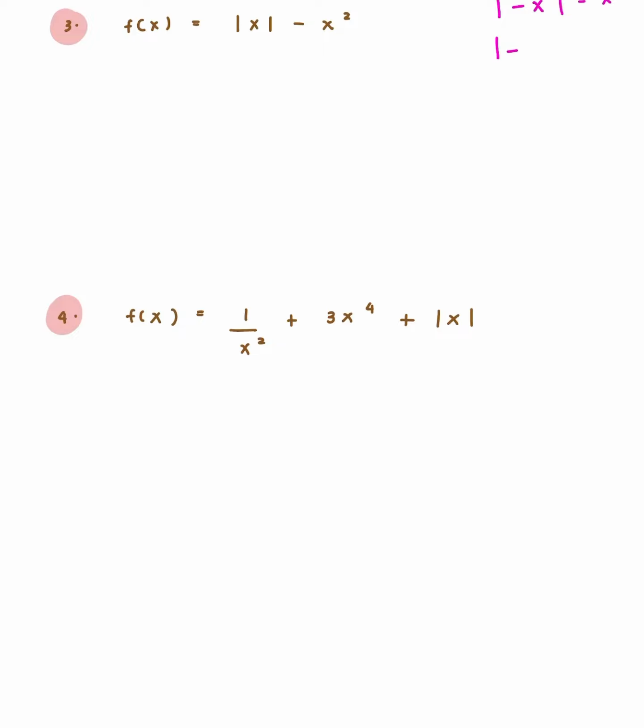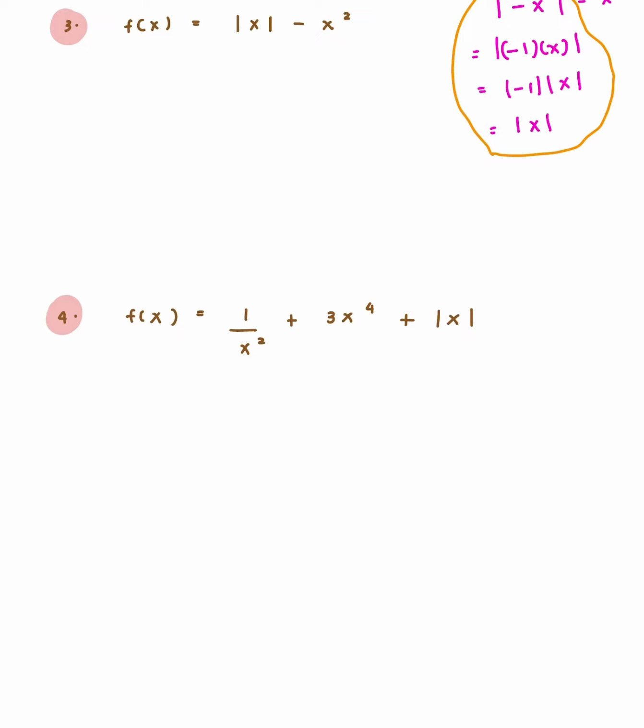So you can have negative 1 times x modulus, and then the modulus you have to split into 2. Modulus of negative 1, the other one is modulus of x. Modulus of negative 1 is exactly 1. 1 times modulus of x is modulus of x. Okay, so make sure you use this method.